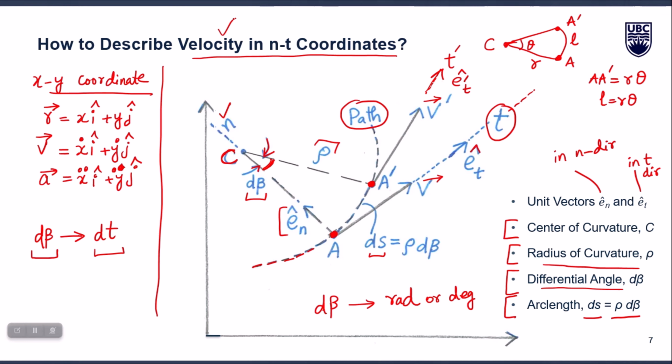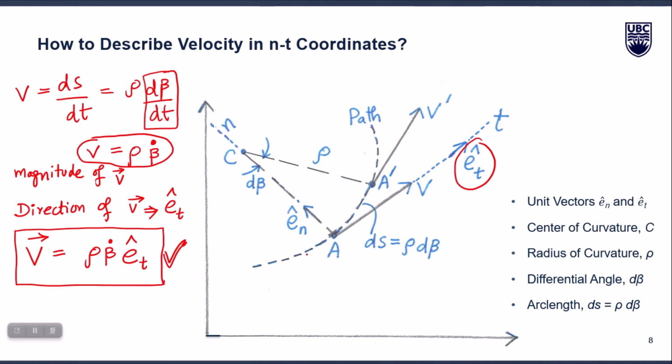For velocity, if you remember, we came up with this expression at the bottom: the velocity vector is equal to rho times beta dot times e sub t unit vector.